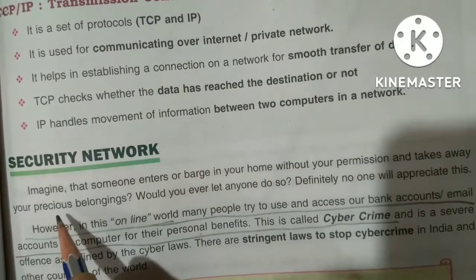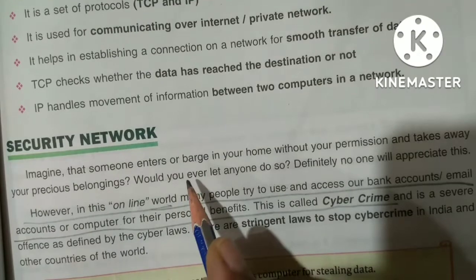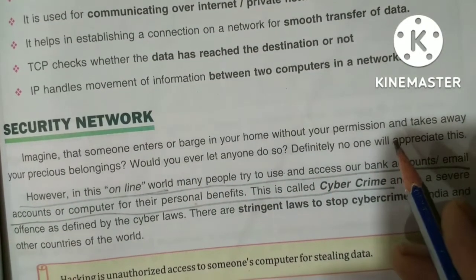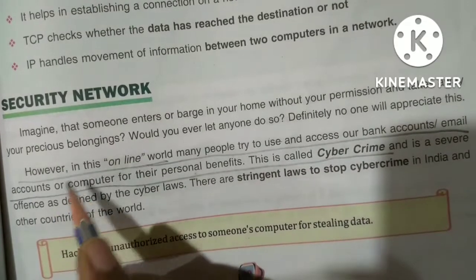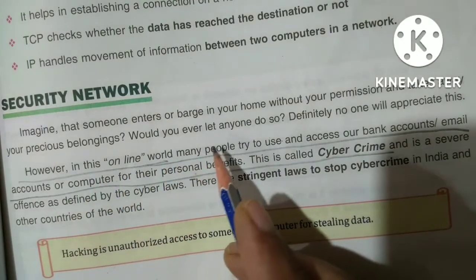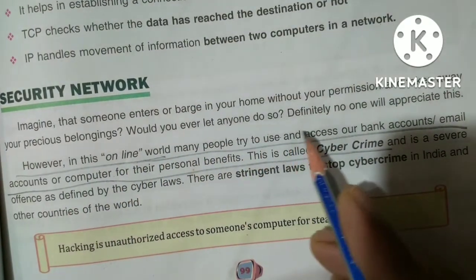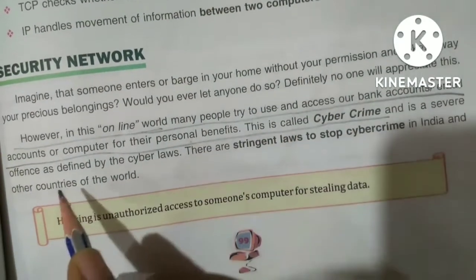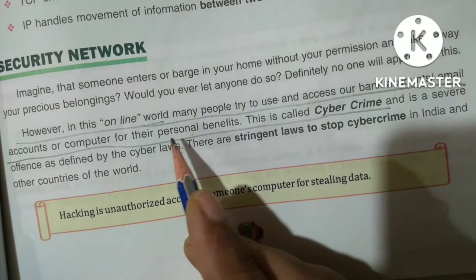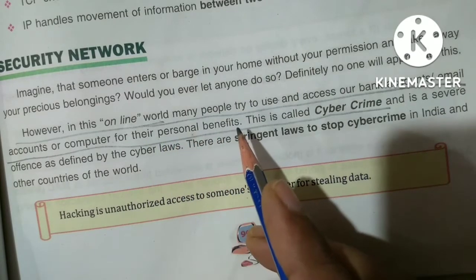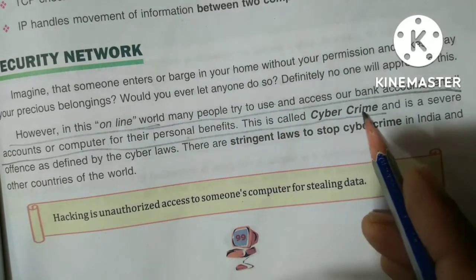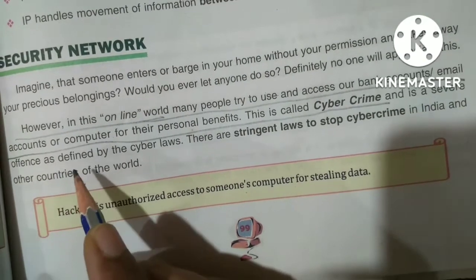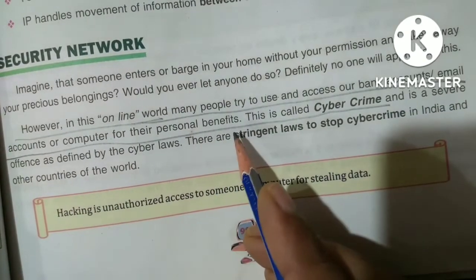Network security. Imagine that someone enters or barges into your home without your permission and takes away your precious belongings. Would you ever let anyone do so? Definitely no one will appreciate this. However, in this online world, many people try to access our bank accounts, email accounts, or computers for their personal benefits.